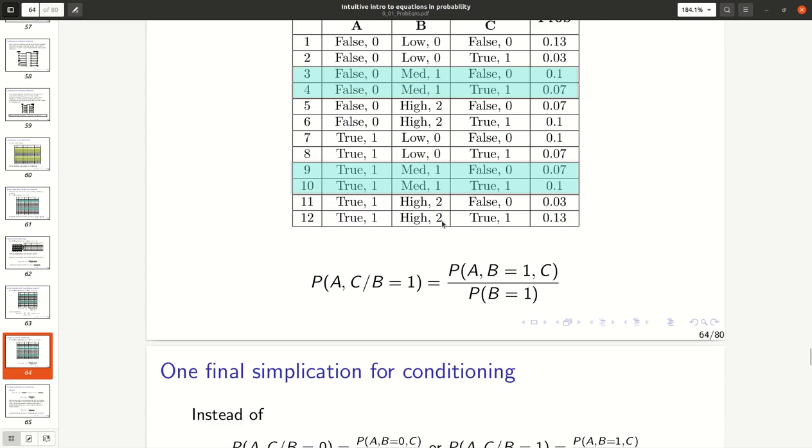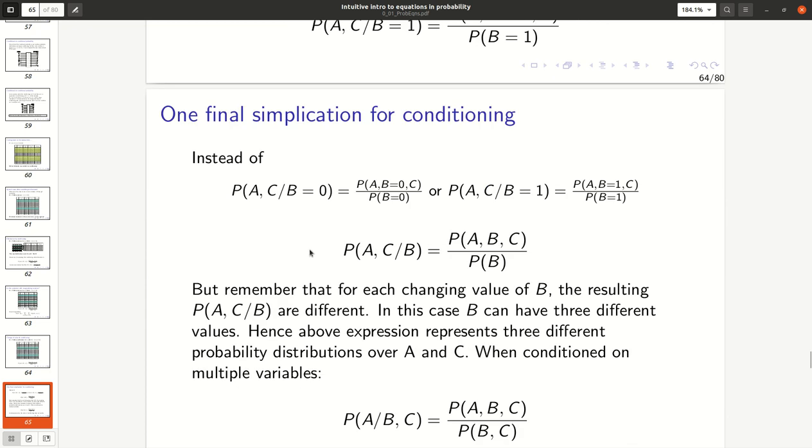One final simplification while expressing the conditioning on a fixed value. We have been saying that P of AC given B is equal to 0 is expressed like this, and P of AC given B is equal to 1 is expressed like this. Instead of repeating B is equal to 1 or B is equal to 0, we can just say that P of AC given B is equal to P of ABC divided by P of B. But we have to remember that this expression represents multiple tables.